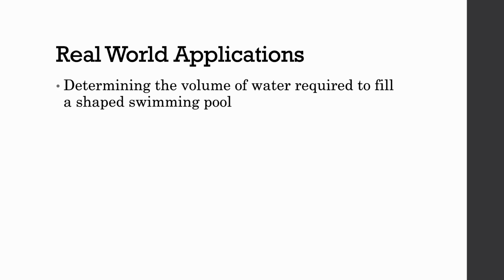And there are many different real-world applications in which this can be applied. For example, if you were to be building a swimming pool and it had an unusual contour, like it was not particularly a rectangular prism, let's say it was curved at the end for if you wanted to create a deep end or have the shape of the pool be an ellipse to have a more circular pool.